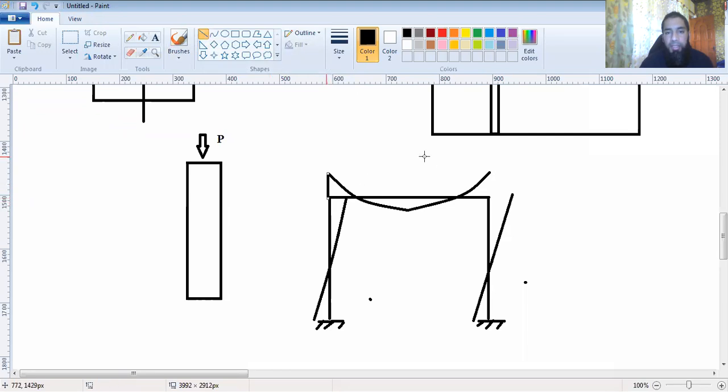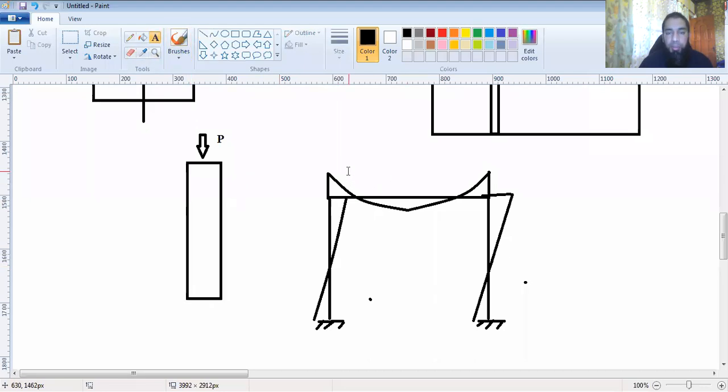I'm not taking the sign conventions into account right now. If this column has a fixed base, then there are end moments at the bottom of this column, and there is a moment at the top of this column.